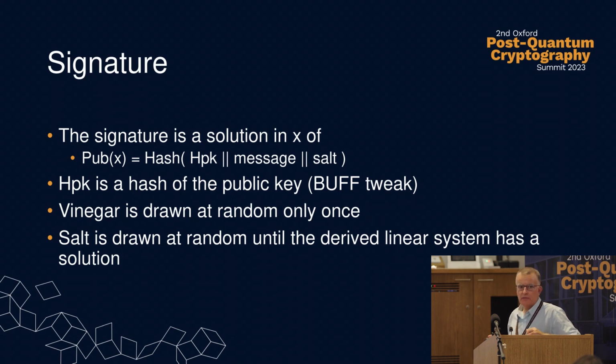Vinegar is drawn at random only once, and salt, on the contrary, may be redrawn in the event there's no solution to the problem. But since the probability that this occurs is very low, this is okay. I must admit that the maximum number of retries may not be bounded, but fortunately, the probability that this occurs is low.